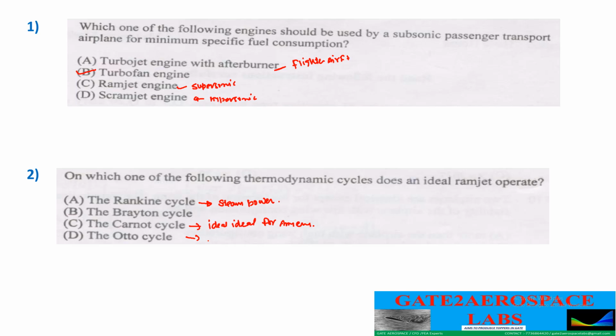This Otto cycle is basically the petrol engine. The petrol engine works on this Otto cycle principle, where the heat addition takes place at constant volume, right? Our ramjet engine operates on the Brayton cycle, and all gas turbine cycles work on the Brayton cycle.